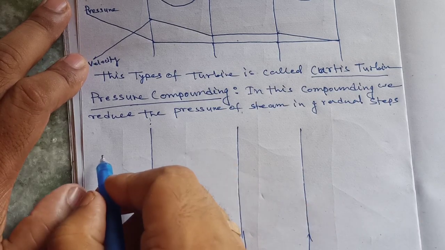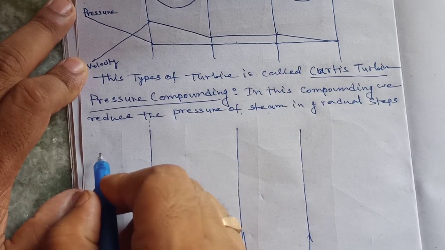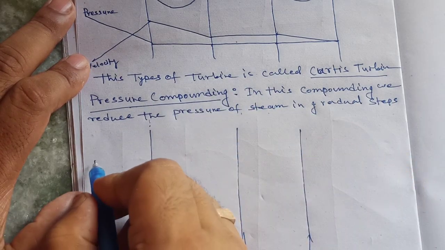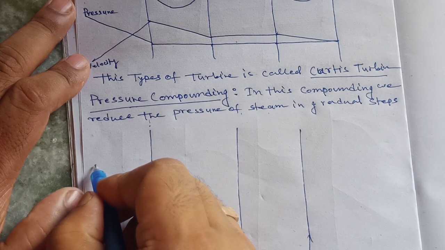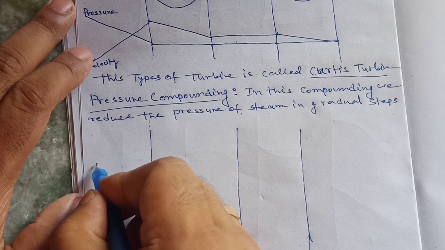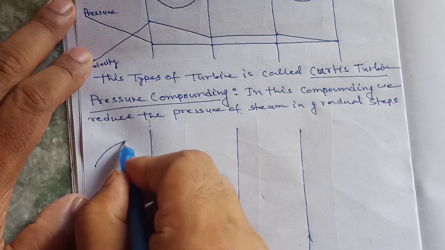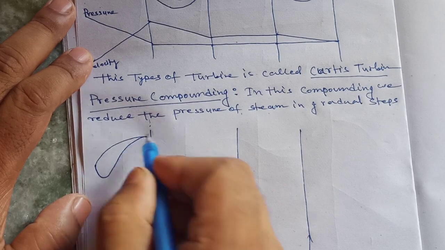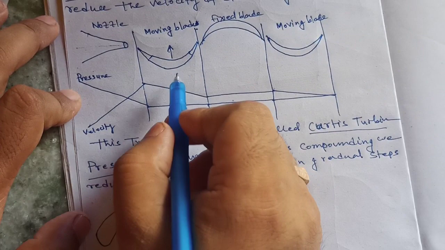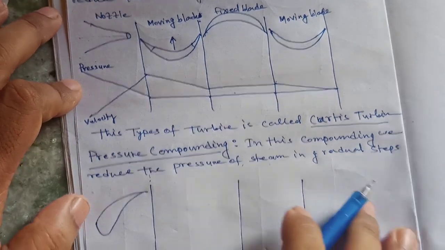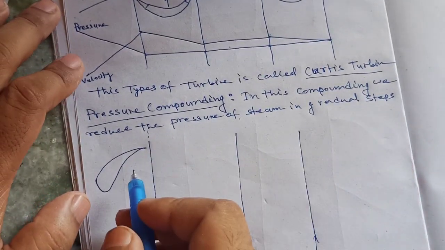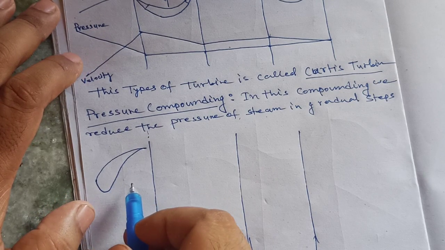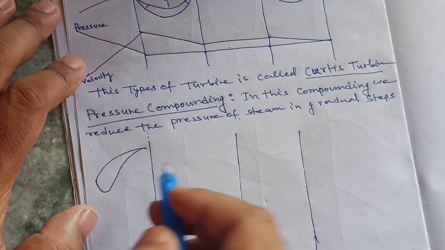In this case, we have to arrange initially. We know for the reaction turbine, I am arranging the reaction turbine blades at initial. The reaction turbine blades look like that. You can see that this is the impulse steam turbine blade, but I have arranged for pressure compounding through the reaction turbine blade. Initially, it will be the reaction turbine blade.